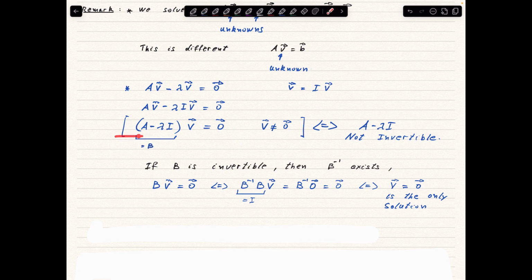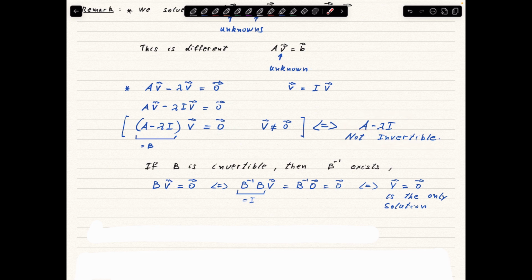So this equation here, we are looking for lambda such that this equation has a non-zero solution. This is equivalent to saying that we are looking for lambda such that this matrix is not invertible, because if it's invertible, then the only solution is 0. So what we need to do is find lambda, the eigenvalues, such that this matrix is not invertible.